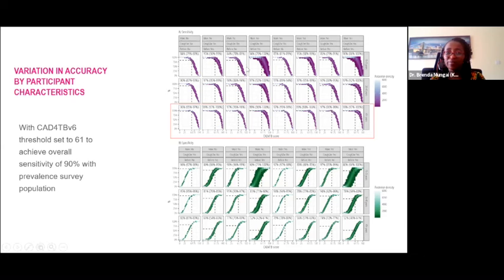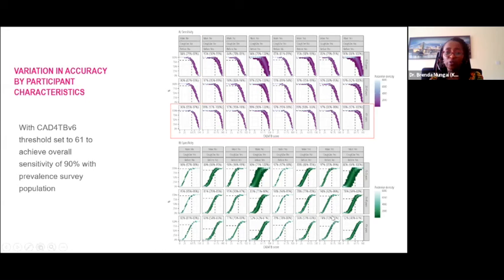Here is sensitivity, between 15 to 25 years, 26 to 40 years, and above 41 years. Sensitivity was highest among those 41 years and above, but that age group also had the lowest specificity in that population.